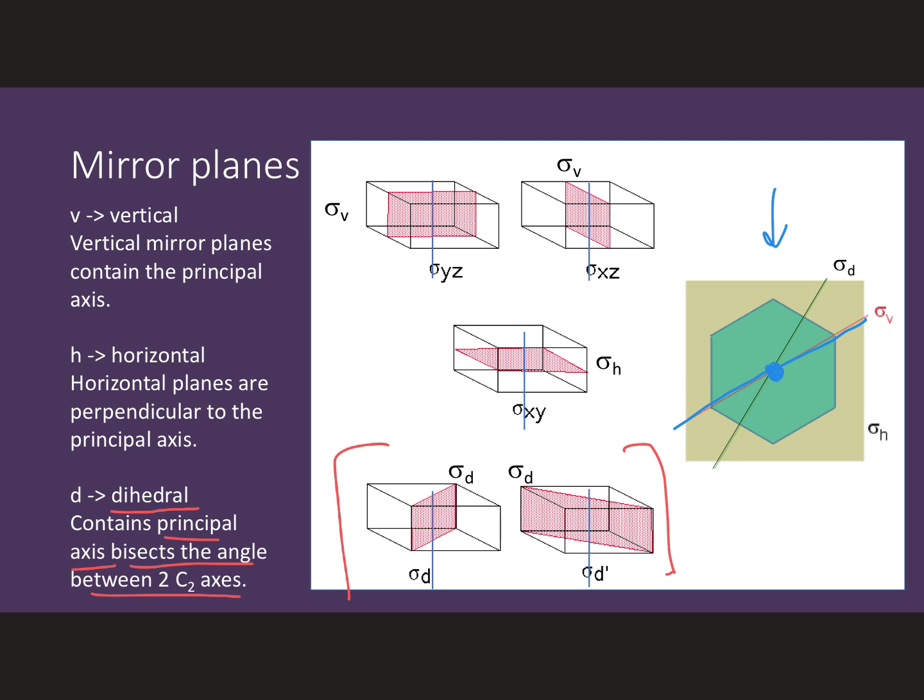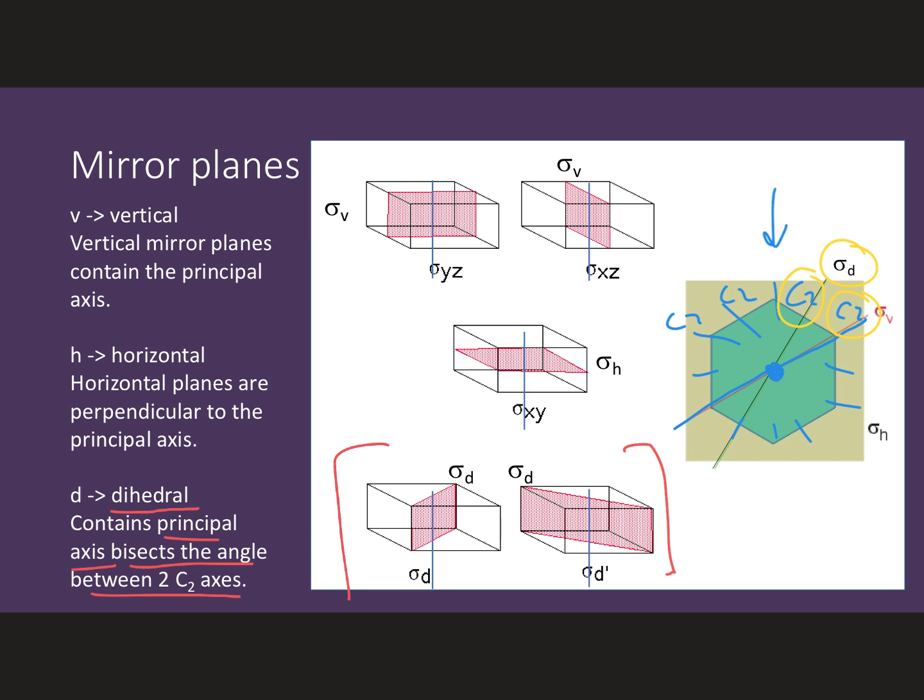And also, we would have a C2 axis over here, a C2 axis here, here, here, here, here, here, here, here. You're getting the point here. There's a lot of C2 axes in a hexagonal symmetry case. But what we notice here is the sigma D goes between two C2 axes. That's what it is.